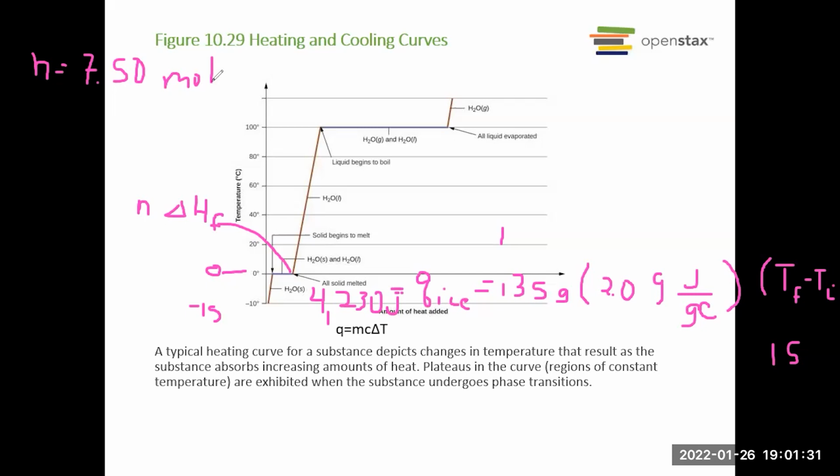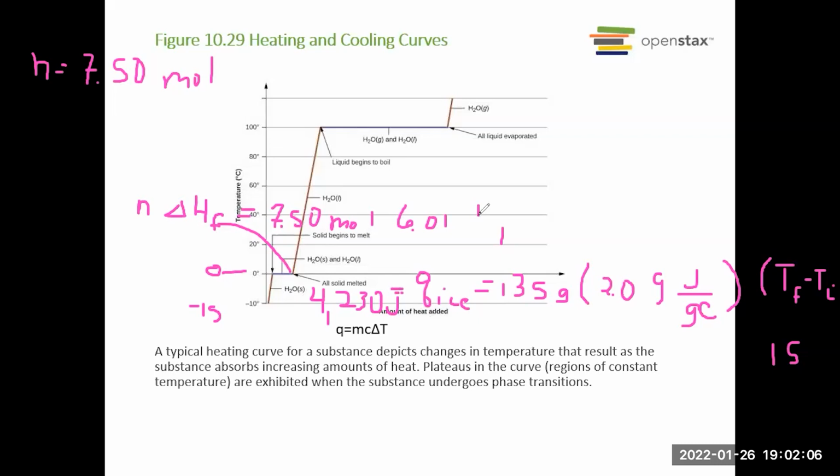So our delta H of fusion is what? I believe it's 6.01. Okay, so we multiply our number of moles, 7.50 moles, times our delta H of fusion, which is 6.01, and it's actually kilojoules.